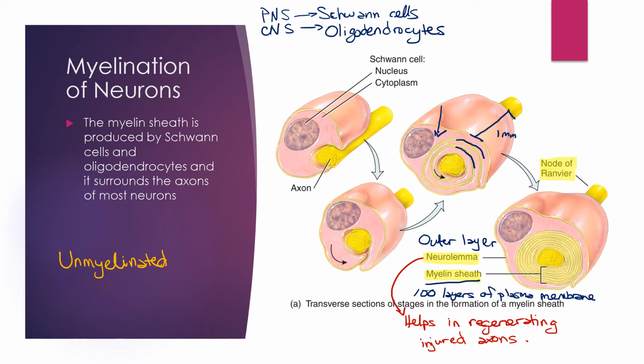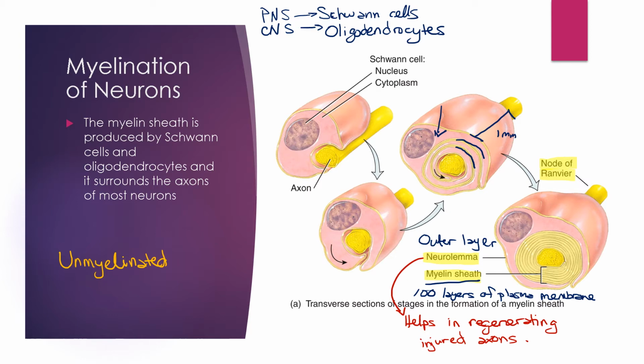Now remember, in the central nervous system, an oligodendrocyte can myelinate parts of several different axons. So each oligodendrocyte puts forth about 15 broad flat processes that spiral around central nervous system axons, forming a myelin sheath. But when an oligodendrocyte myelinates, there's going to be no neurolema present.